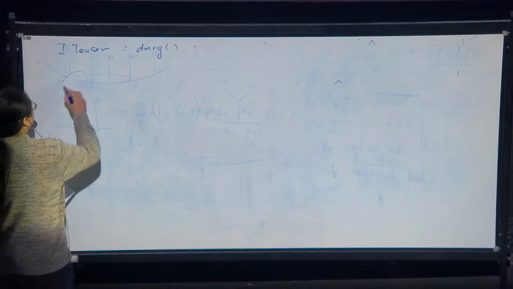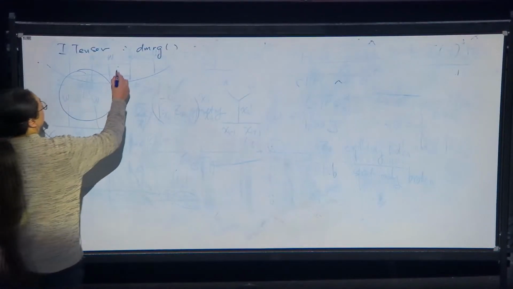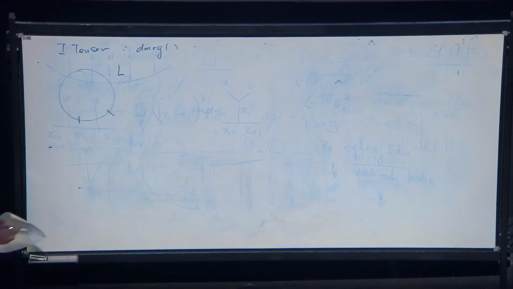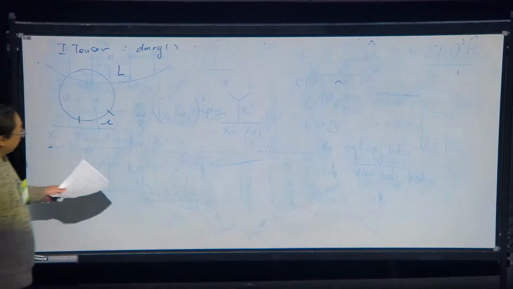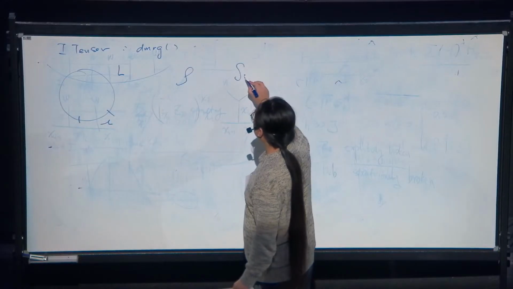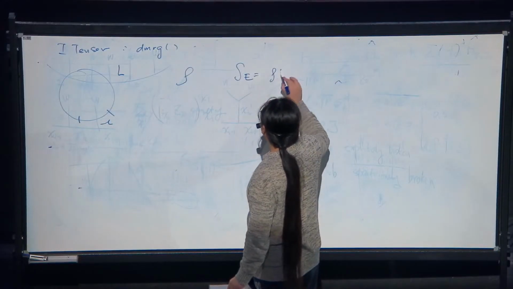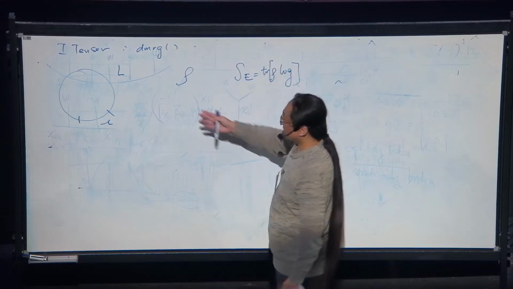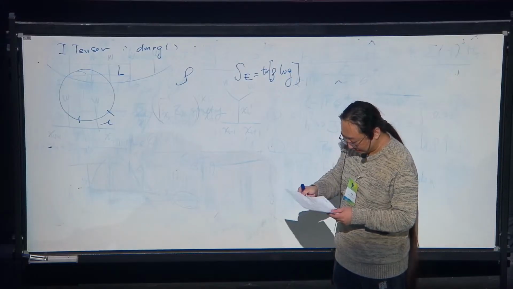Second, we are going to consider a periodic chain with length L, and we can define the reduced density matrix by taking a small segment. From this small segment, we can build the reduced density matrix rho, and then we can calculate entanglement, which is given by minus the trace of rho log rho. All of this you can just code up and do the calculation.